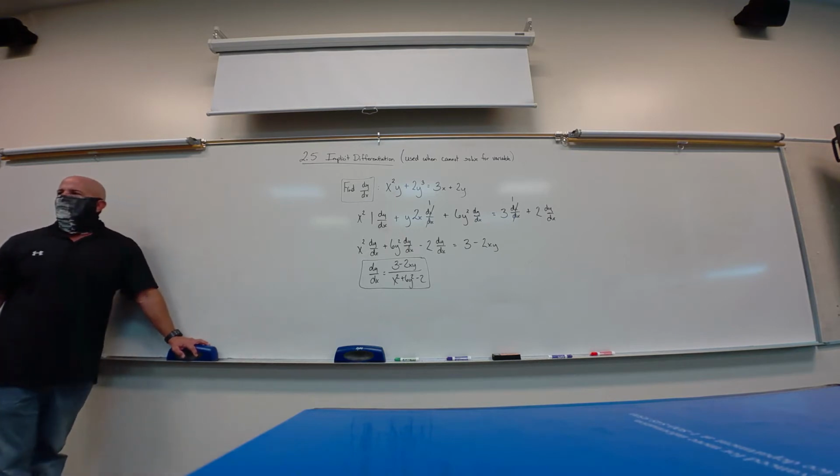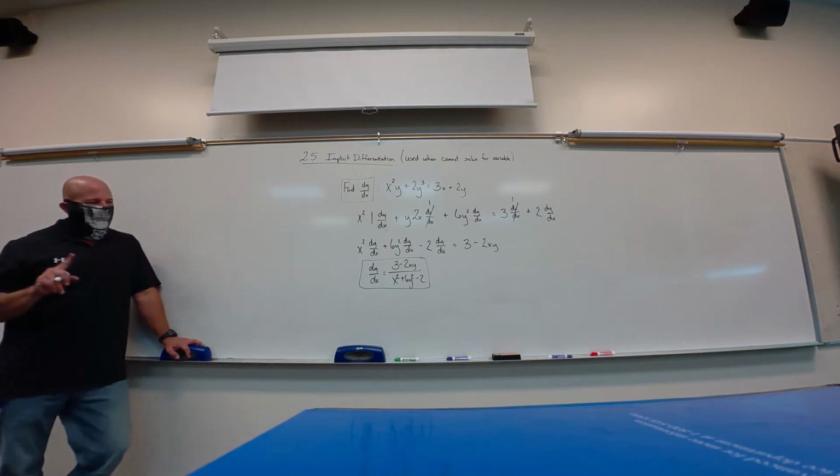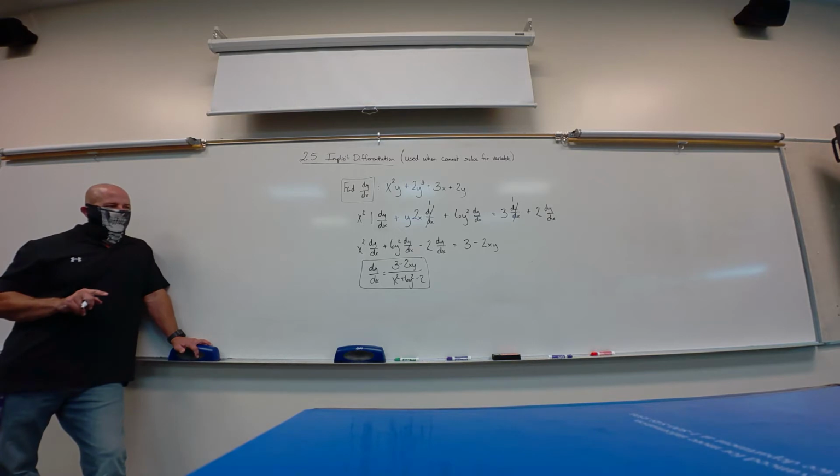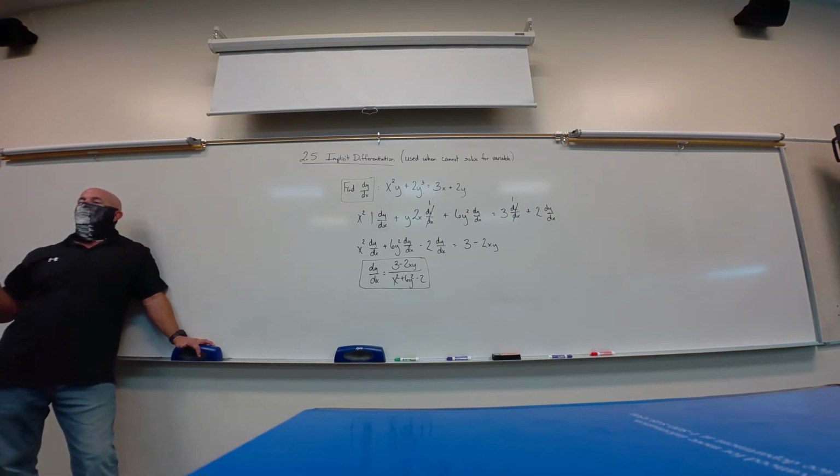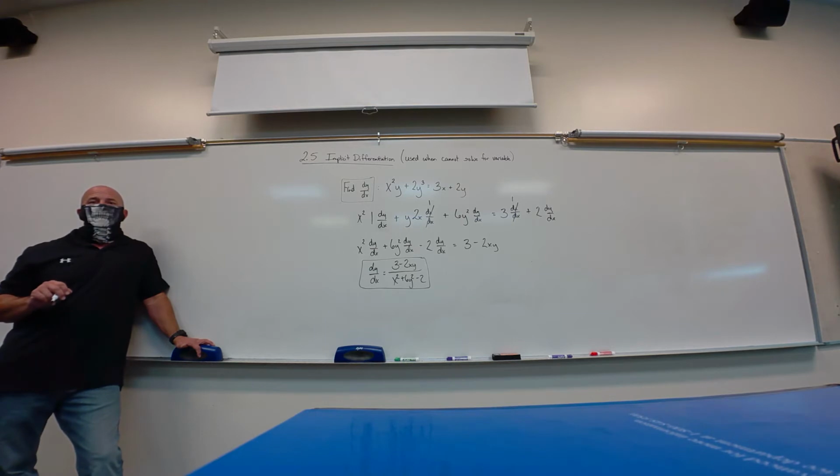All right, now let's review here. What does 3 minus 2xy over x squared plus 6y squared minus 2 represent? Slope of what? Slope of the tangent line. Which one? All of them.